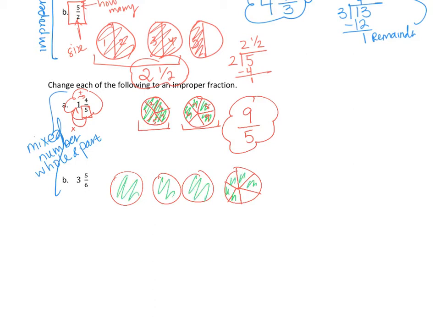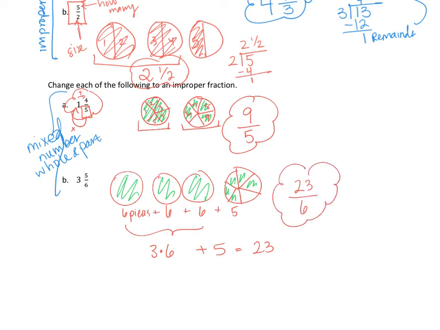So without actually drawing them, I know that I would have 6 pieces inside here, and 6 here, and 6 here, and 5 here. So all together, this is really 3 of those 6s, so 3 times 6, and then we're going to add the 5, which makes me have 23. So there are 23 of these pieces, and they're 1/6. So that would be my final answer.